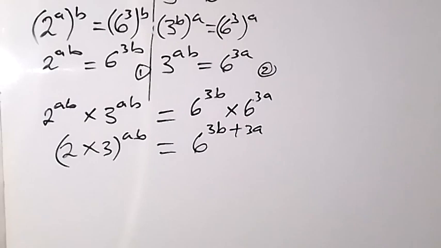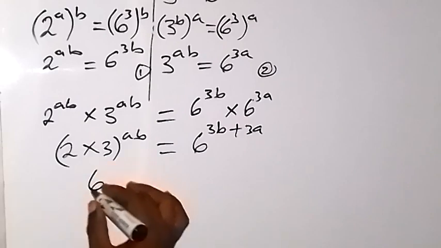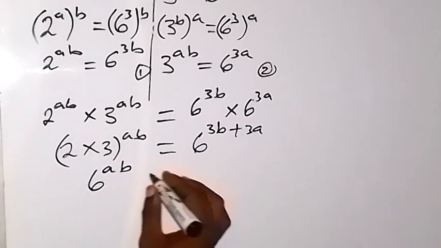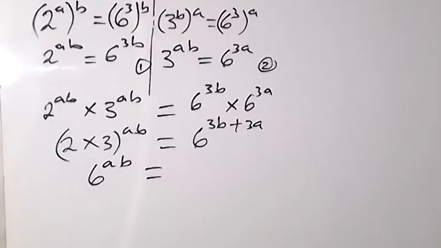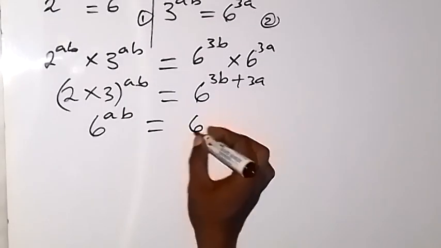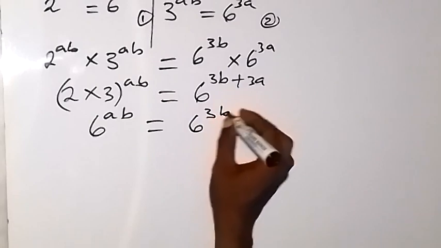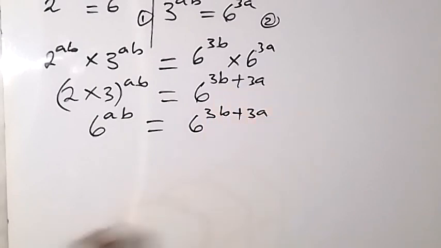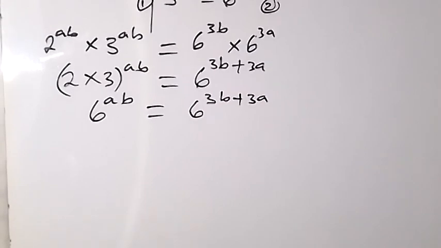Then 2 times 3 here is 6, so this is 6 raised to power ab equals 6 raised to power 3b plus 3a. And from there, we can see that we have the same base on the two sides.